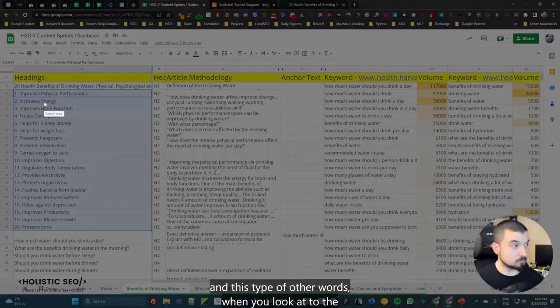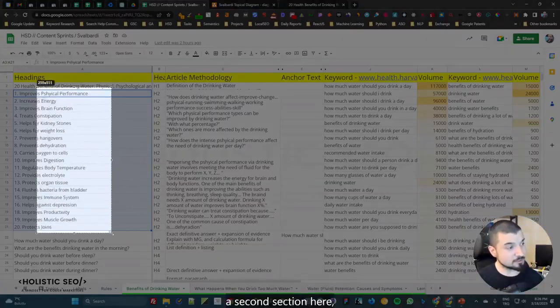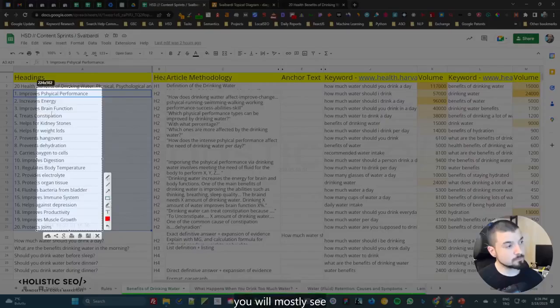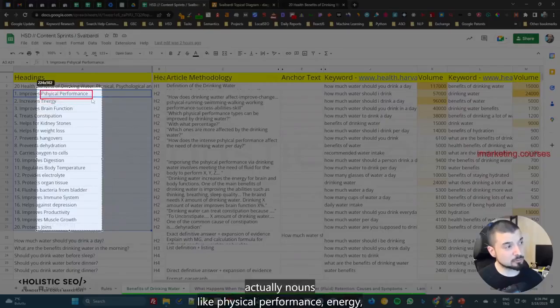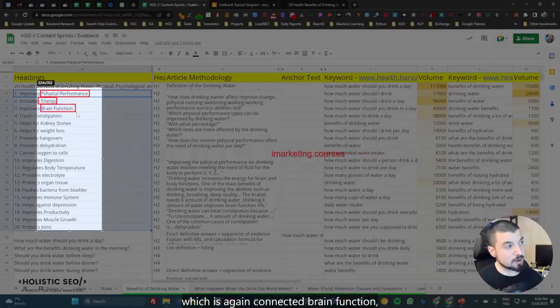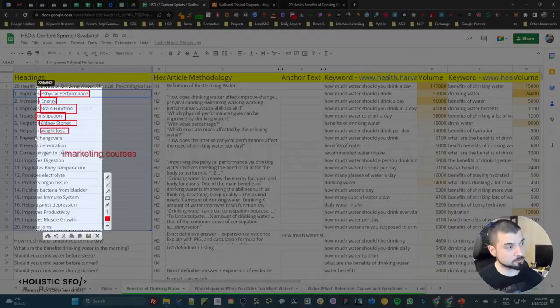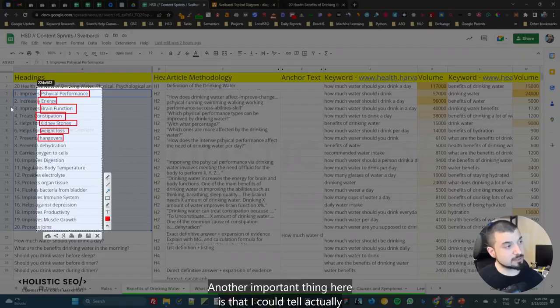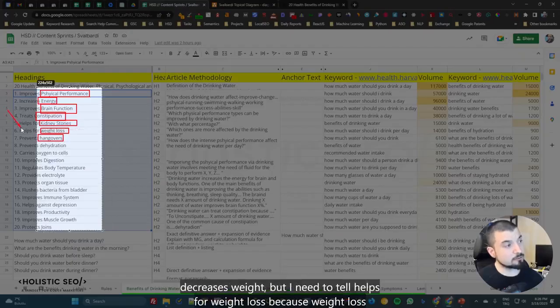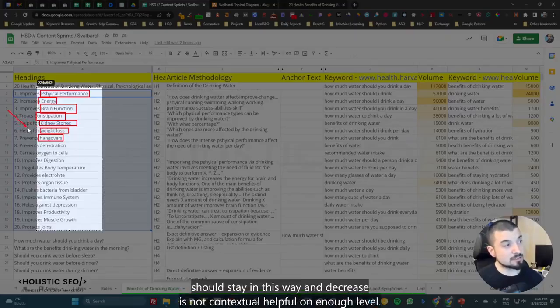When you look at the second section here, you will mostly see actual nouns like physical performance, energy, which is again connected, brain function, constipation, kidney stone, weight loss, hangovers. Another important thing here is that I could say actually decreases weight, but I need to say helps for weight loss, because weight loss should stay this way and decrease is not contextually helpful enough.